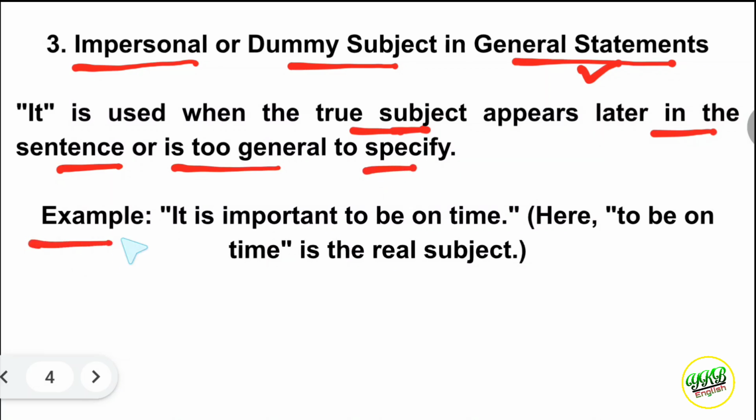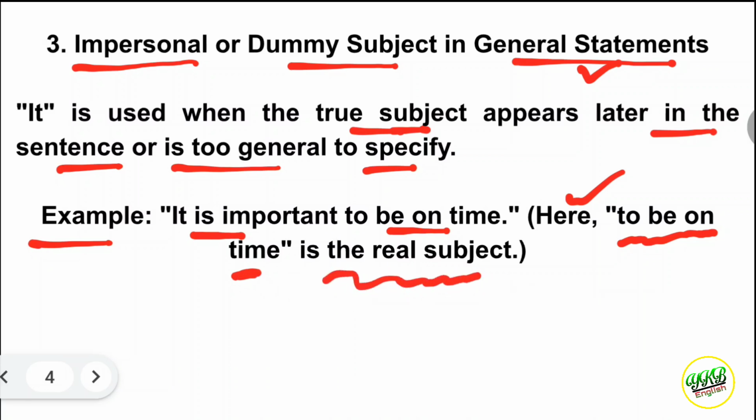For example, it is important to be on time. This sentence is a general statement. Here, to be on time is the real subject.